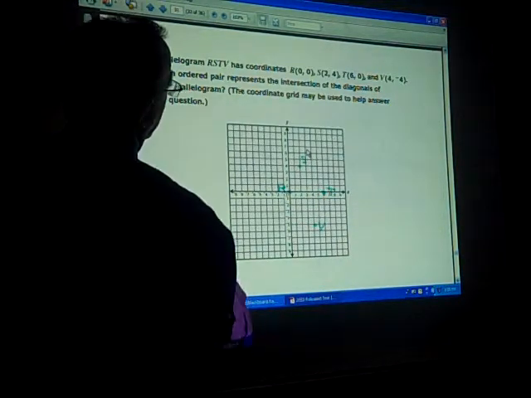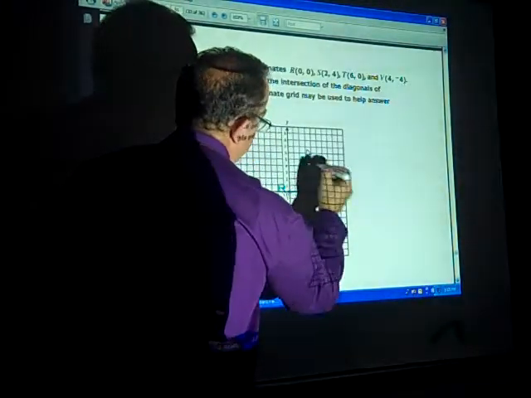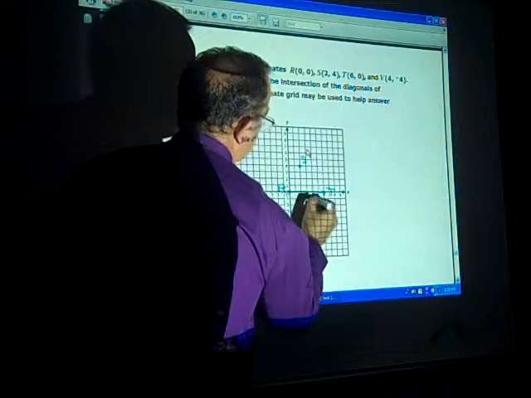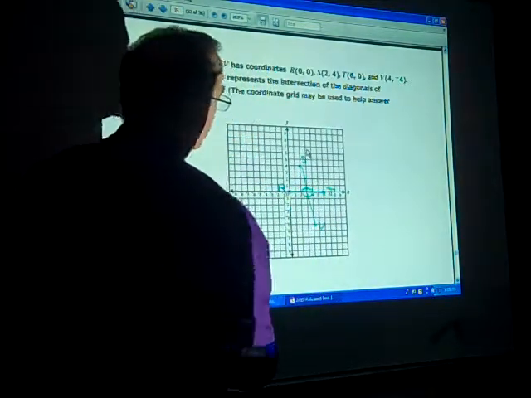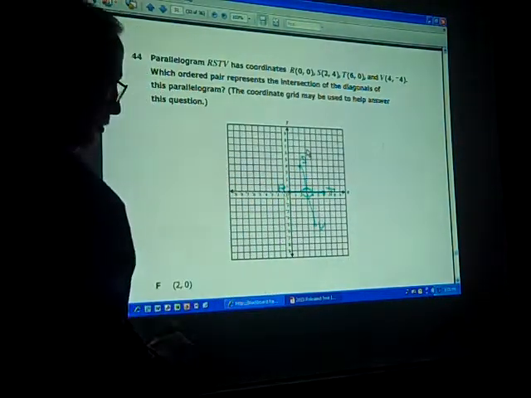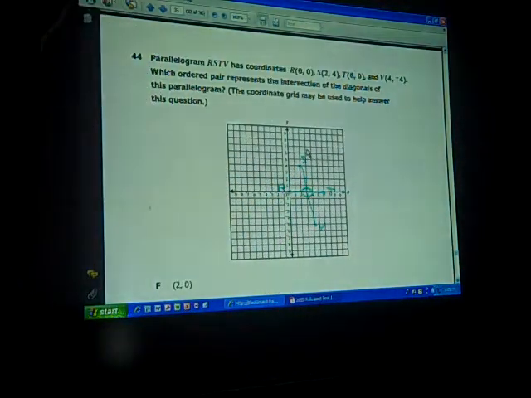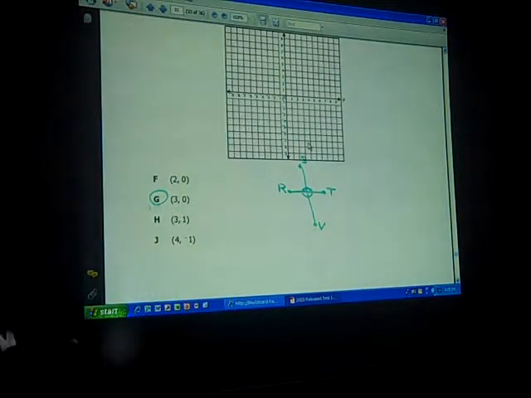Well, let's find the intersection of diagonals. If we drew diagonals in this parallelogram, we would see that our ordered pair is right there. That is at 3, 0. I can't see the answers here, so if I scroll, I will see that the answer is G.